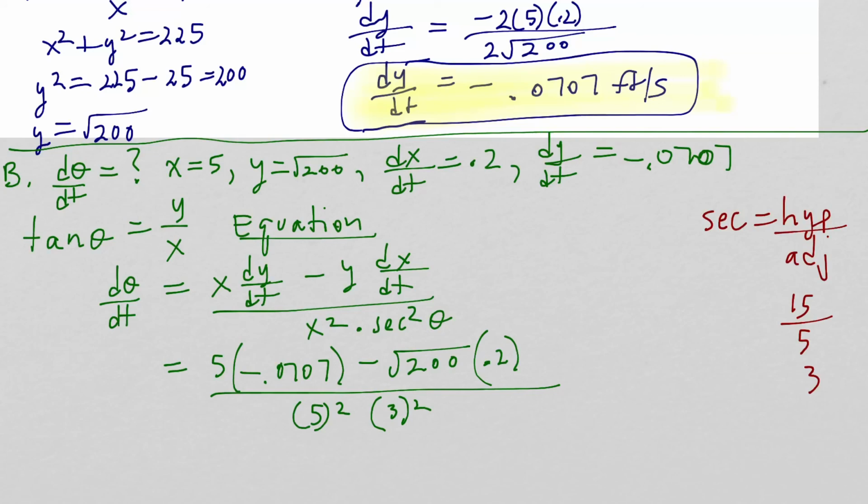All right, so I type all that into the calculator, and I get that d theta dt is equal to negative 0.014142. And of course, this would be radians per second.